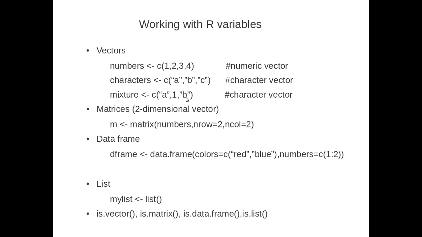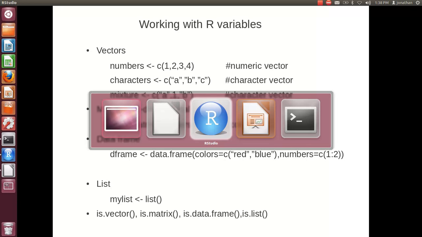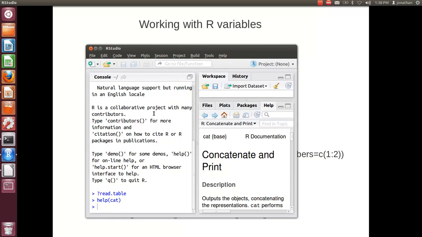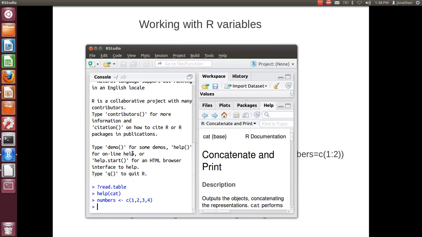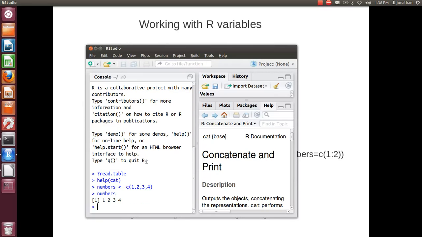So if I flip over here to RStudio and just type, let's make the variable called numbers. Hopefully you can see this and it's not too small. I tried to blow it up a little bit. So here we have numbers, and if we type just numbers at the command line in R, you can see that it spits out the vector of 1, 2, 3, 4.